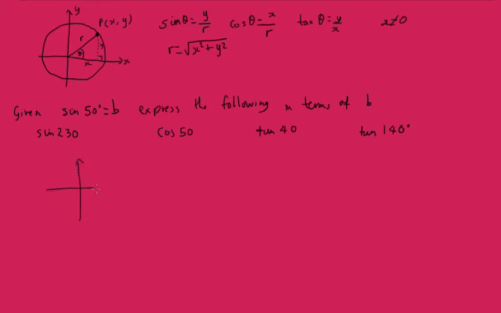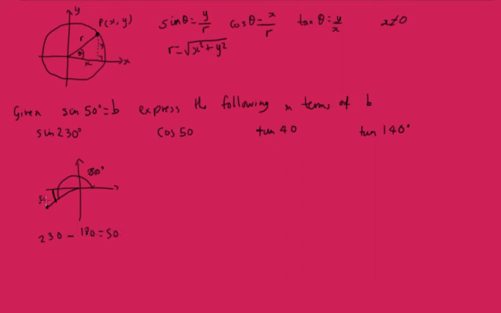Let's think about where this is. 230 degrees will be over here somewhere. So that will be 230 degrees. Well, what's this angle in here? 230 minus 180 equals 50.